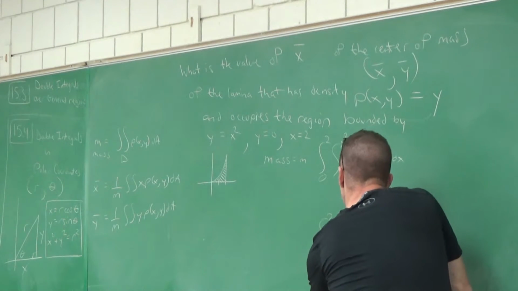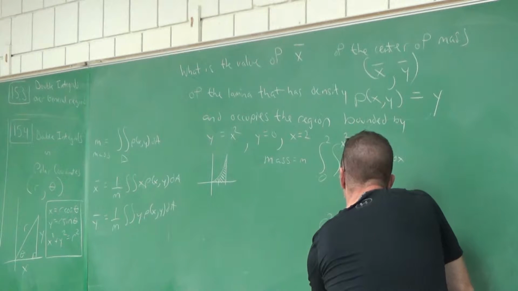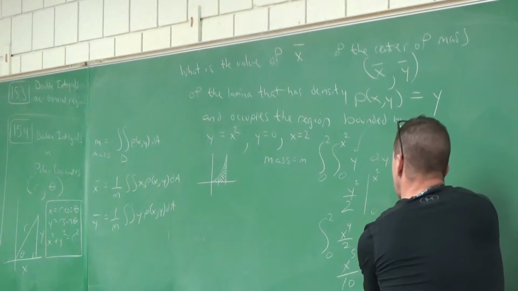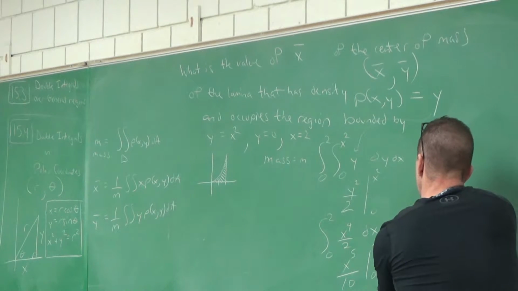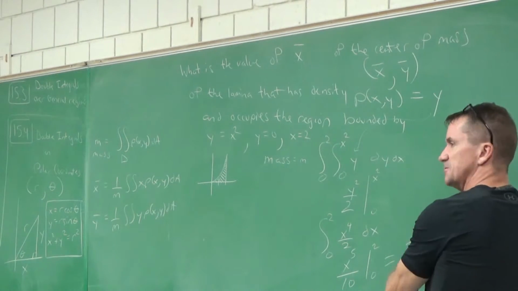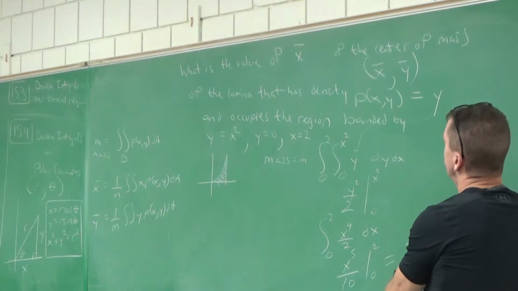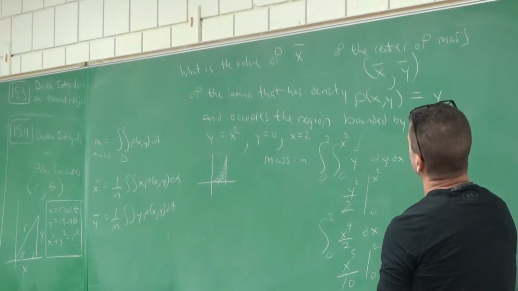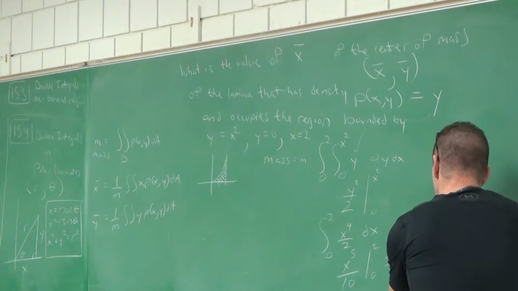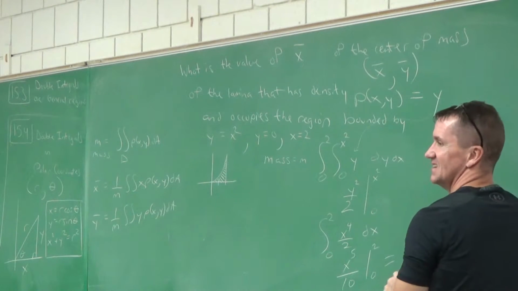What's that turn into? x to the 5 over 10. You plug in a 0 and a 2, you get 32 over 10? Mm-hmm. So is this x bar? No, right? This is just the mass.